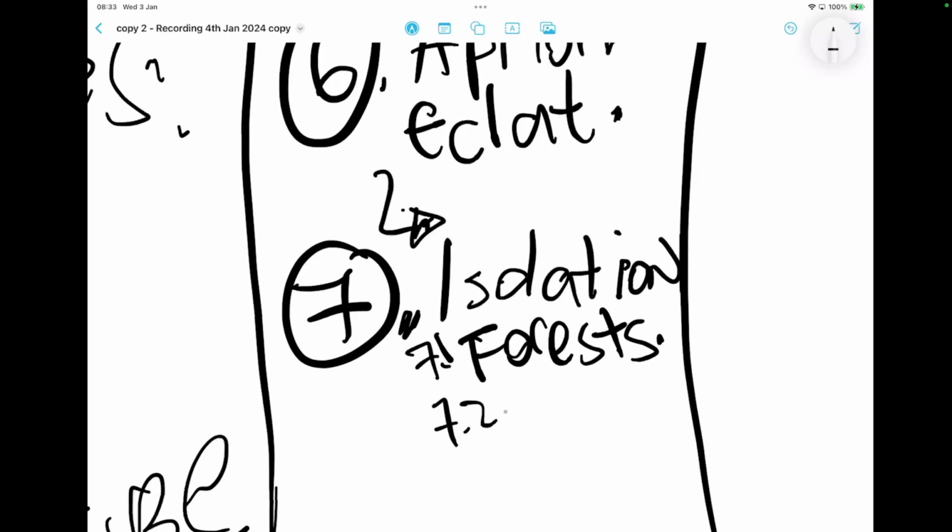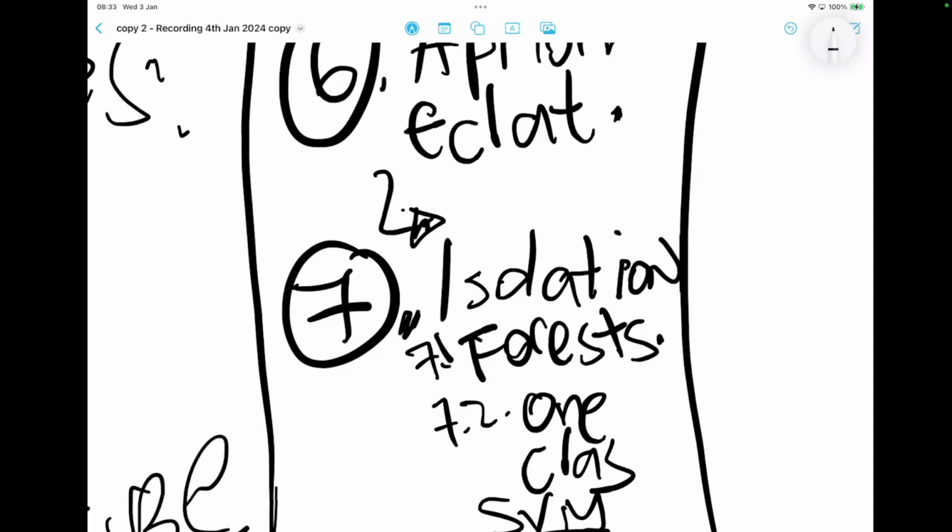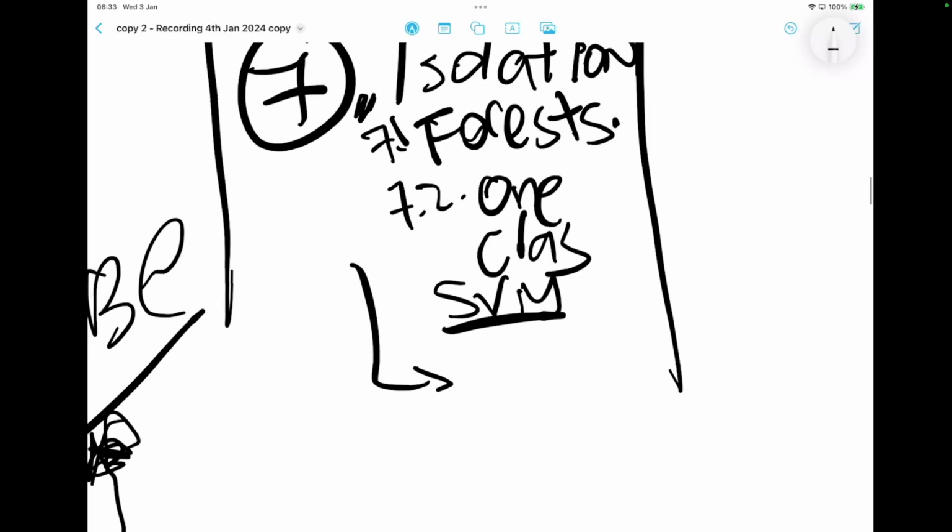Or 7.2 would be one-class support vector machine. And what is the purpose of these types of algorithms? The name of anomaly detection algorithms actually tells you what it does. It identifies rare items or events that raise suspicion.